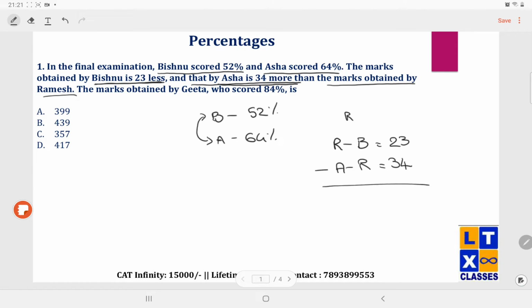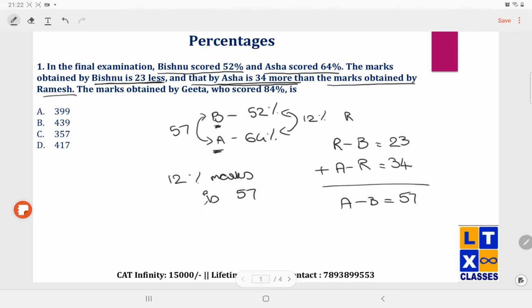If we just add these two equations, we would know that A minus B is 57. In other terms, Asha scored 57 marks more than Bishnu. In percentage terms, the difference is given as 12%. In other words, 12% of the marks is nothing but 57.